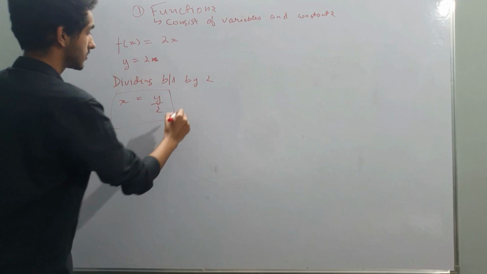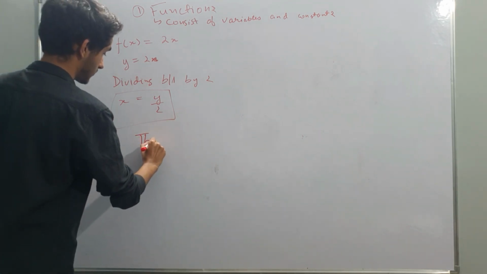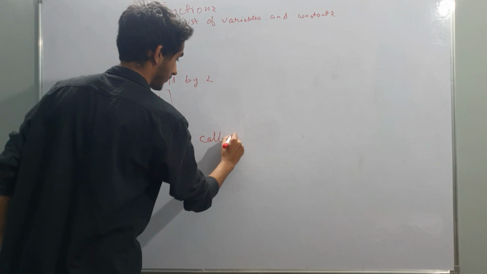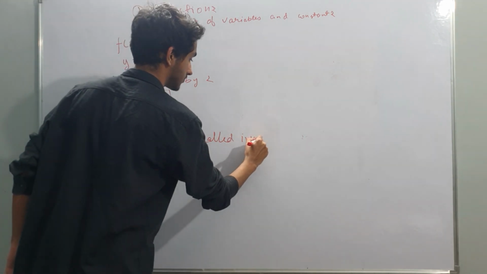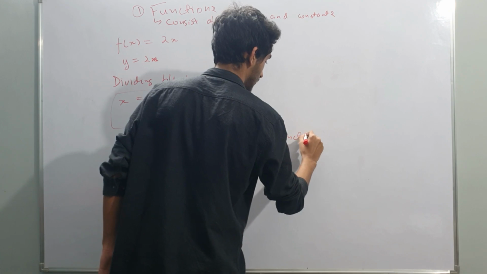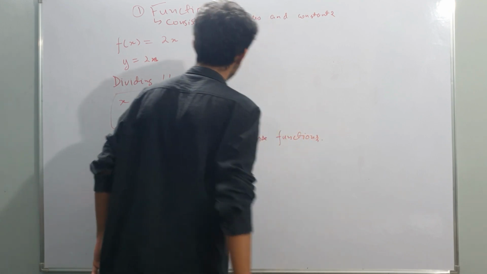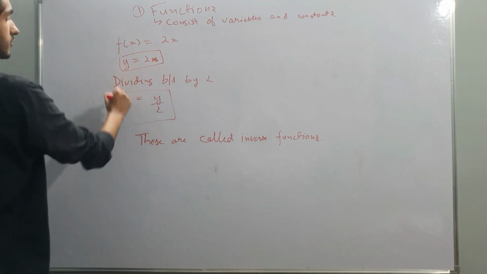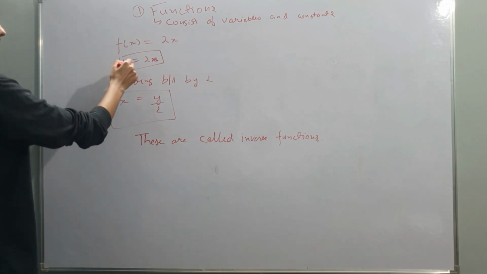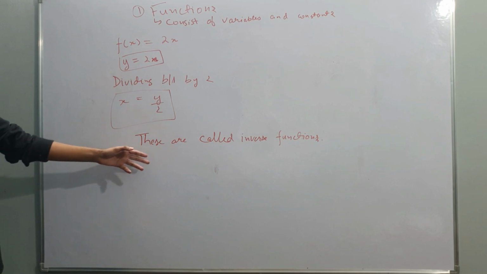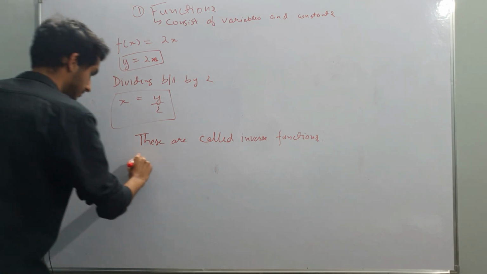So these are called inverse functions. But generally this form is much more preferred than this one because this is how we conventionally use. So in case of inverse functions, the graph would always be the same.